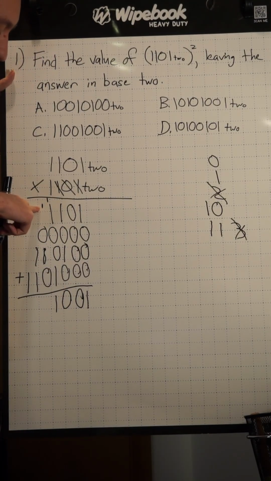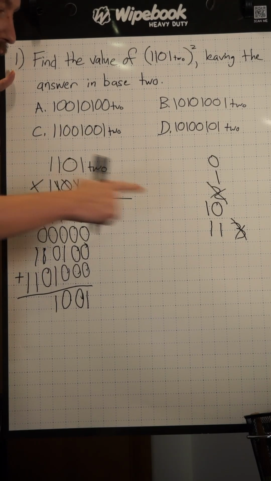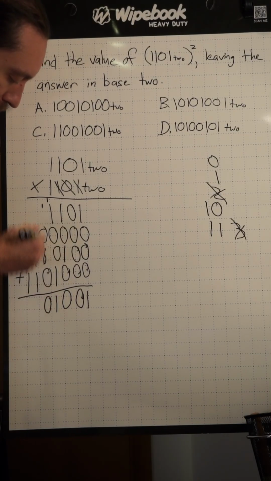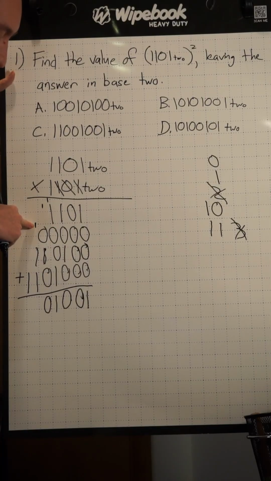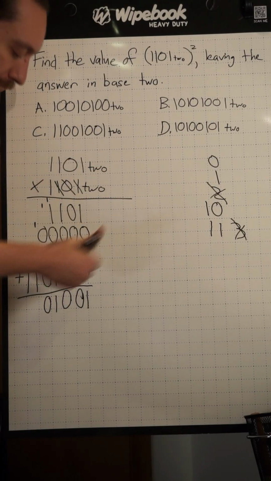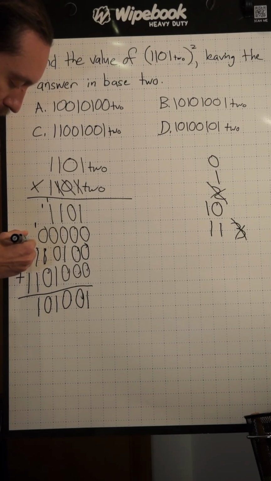Okay, so now we get 1 plus 0 plus 1 plus 0, so that's 2, right? So we'll write it again like this. We'll put the 0 down here. We'll carry the 1 up here. Okay, 1 plus 1 plus 1 will be 3. We're going to write it like this, 1, and we carry the 1.